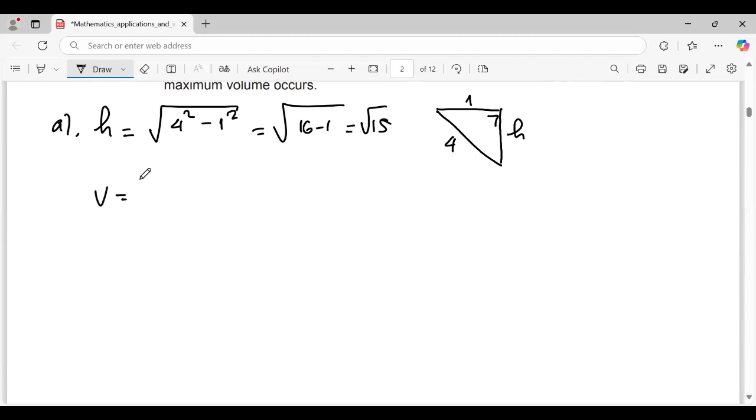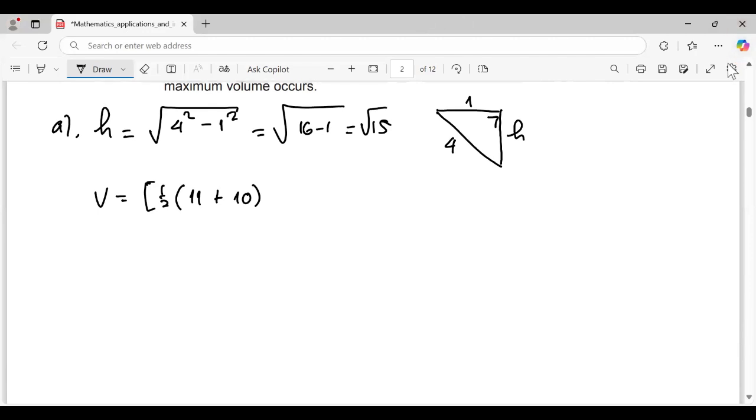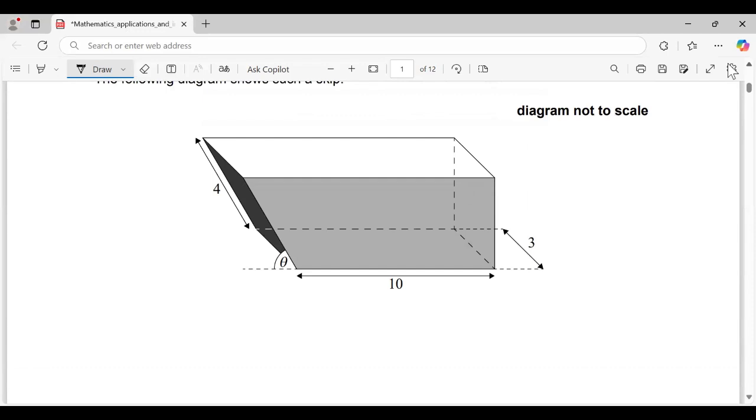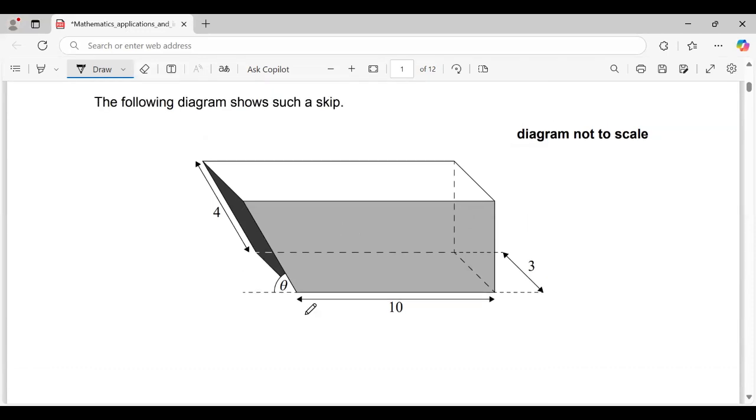So volume equals 1/2 multiply 11 plus 10. Why 11? Because if this base length is 10, and from this point to this point is 10, while this side is 1, so it is 11.